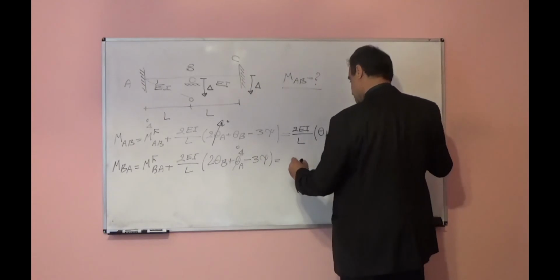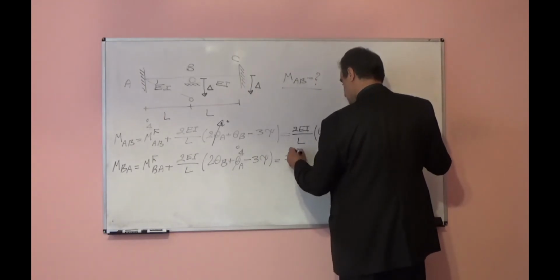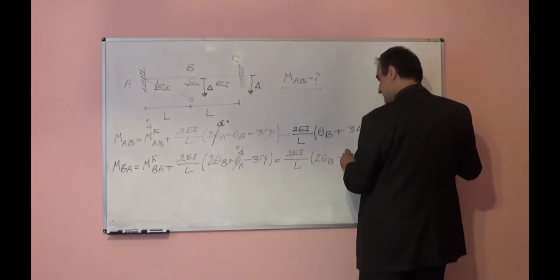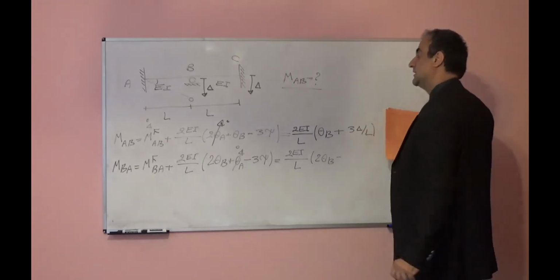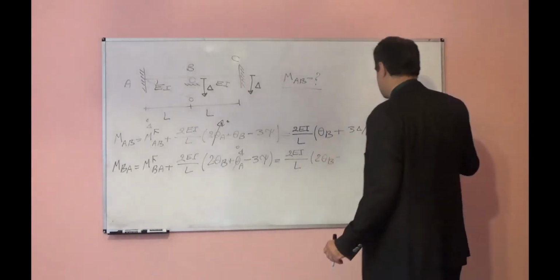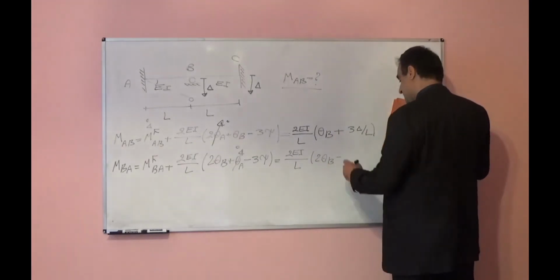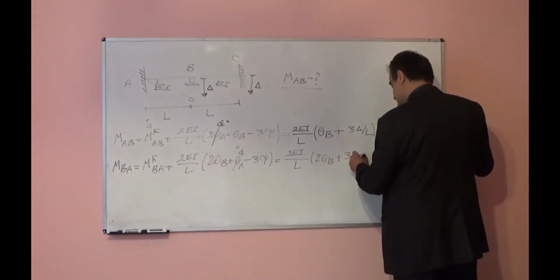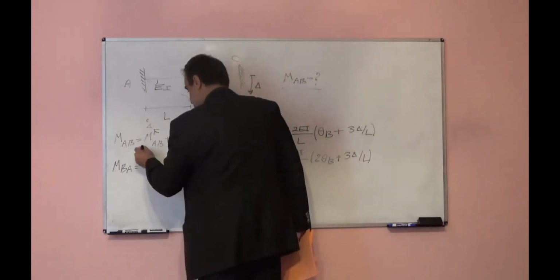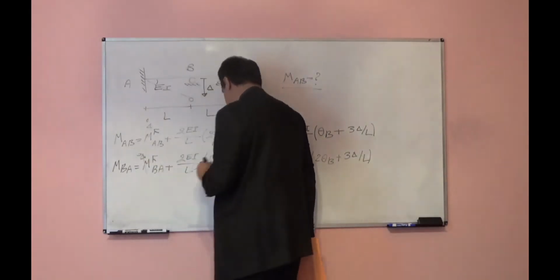That is equal to 2EI over L times (2 theta B minus 3 times negative delta over L), so this will be plus 3 delta over L. We know that theta A is 0.